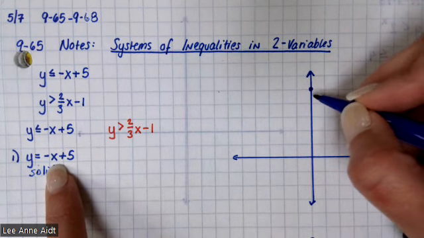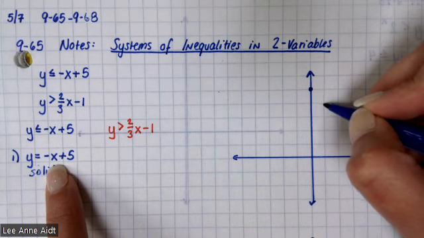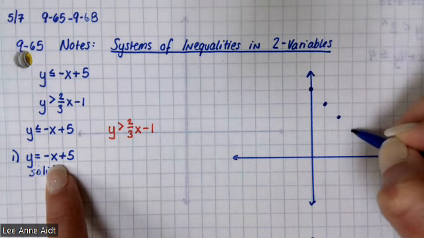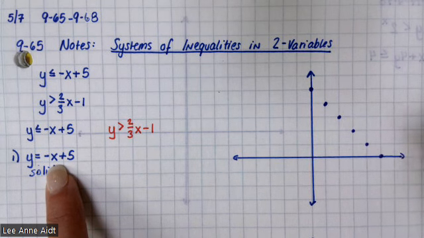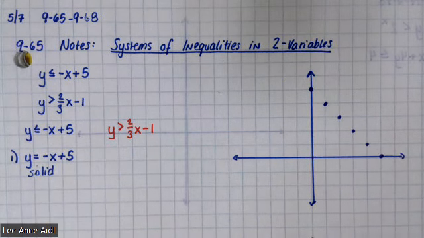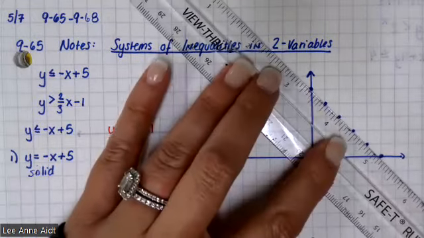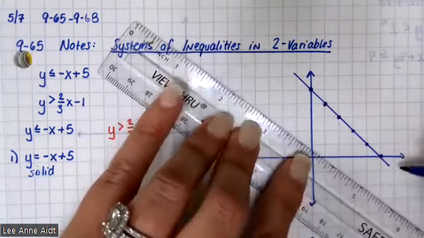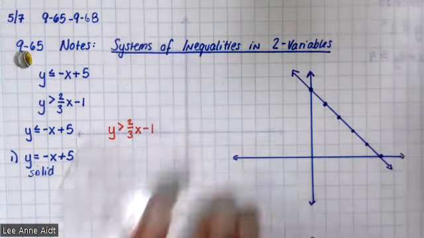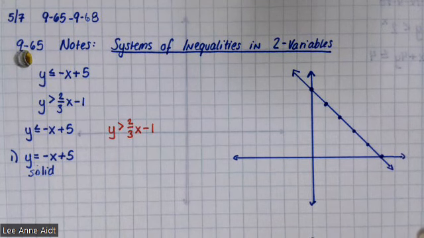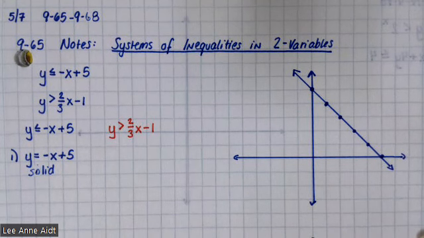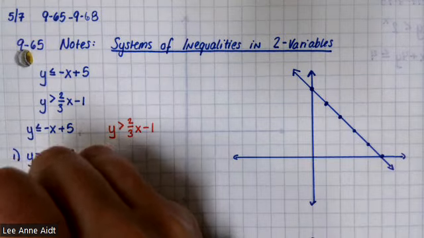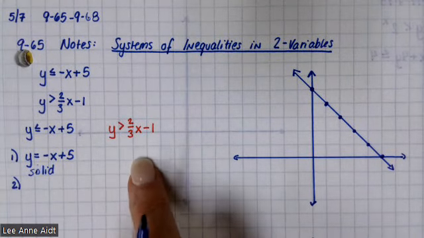And then the slope is -1, so I'm going to go down 1 over 1. Correct. This next one's going to be dashed.